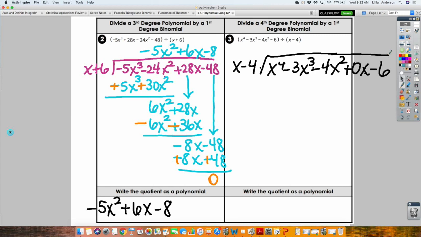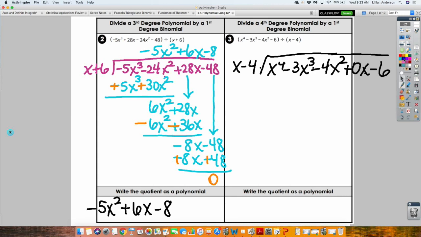Placeholder. You guys see how there's an X term missing? Now, if you forgot about that placeholder, you lucked out because this one didn't hurt you any. But it could, depending on where it's placed. But anytime you're missing a term, it doesn't have to be the X to the third term. It could be any one of those terms. You always plug in a 0.